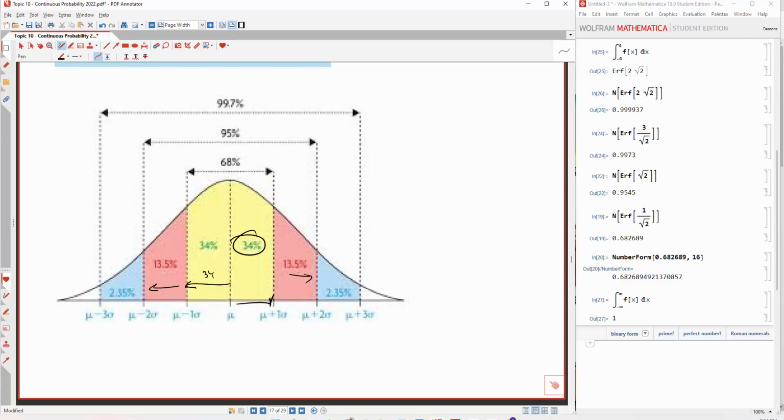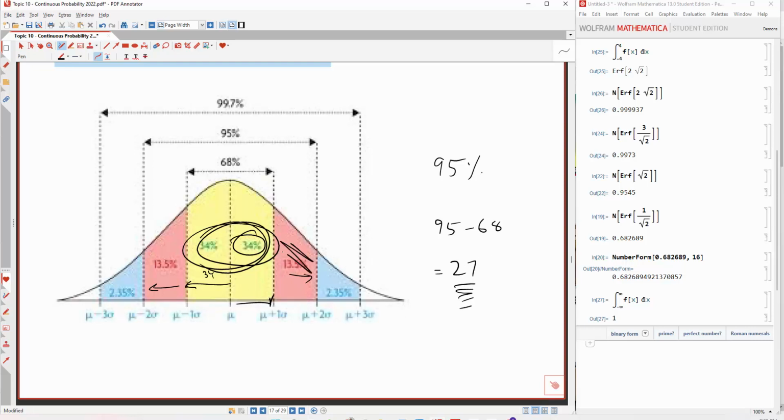Now to work out these extra values, all that we've done here is 2 standard deviations is 95%. So if we remove these values here, so 95 take away 68, what we're left with is, I'm doing some quick mental maths here, 27. That's going to be 27.